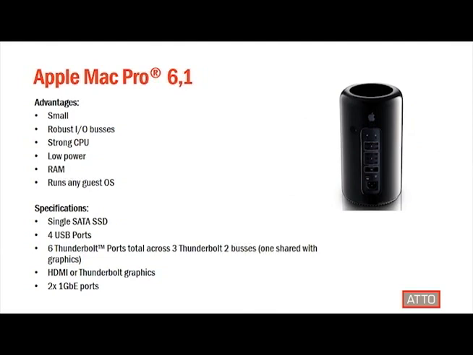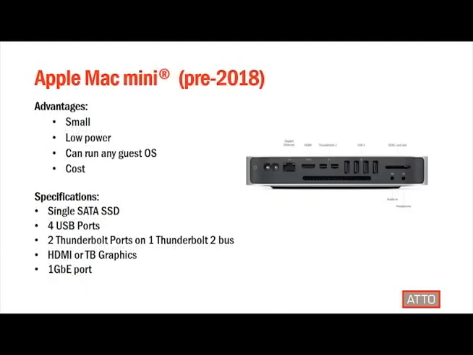Some of the things to take into consideration: it only comes with one hard drive. It has the 4 USB ports, the 6 Thunderbolt 2 ports across 3 Thunderbolt buses, and it also has HDMI graphics and comes with a pair of 1 gigabit ports. What it lacks is a PCIe slot, which is where it comes in. We'll talk about that shortly.